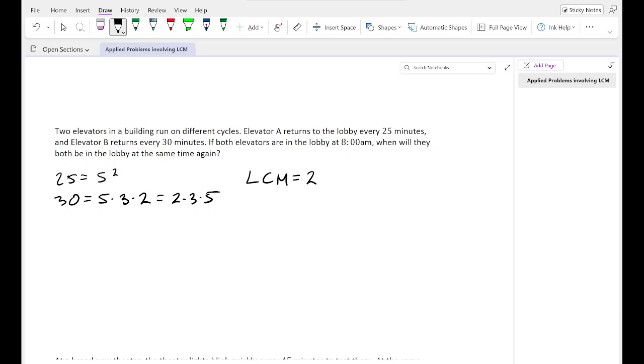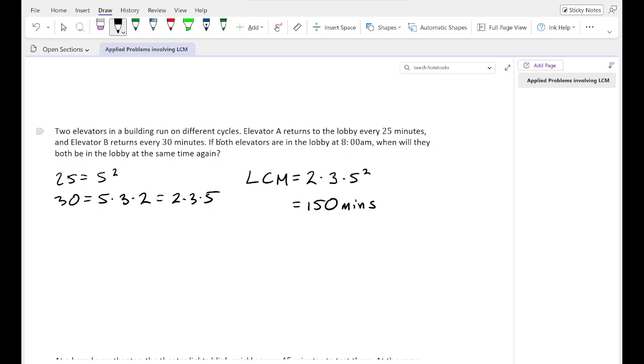I have 1 three, no 3 there, so we're going to need a 3. 1 five, 2 fives, so I'm going to need 2 5's, the greatest amount. And when I multiply those together, I am again going to get 150. And since the numbers are in minutes, I'm going to say 150 minutes.